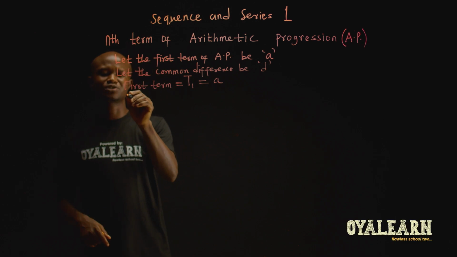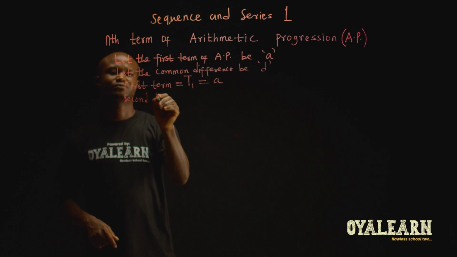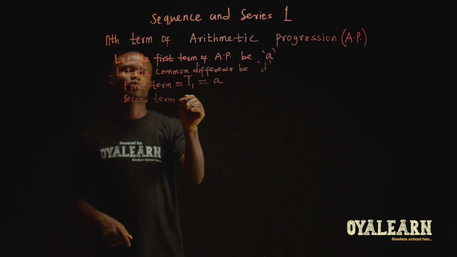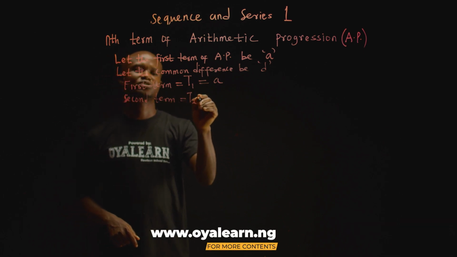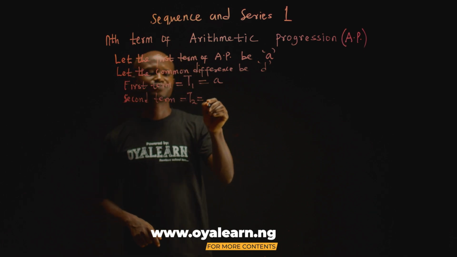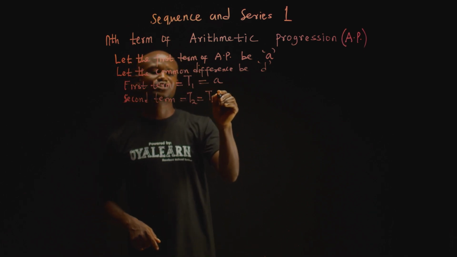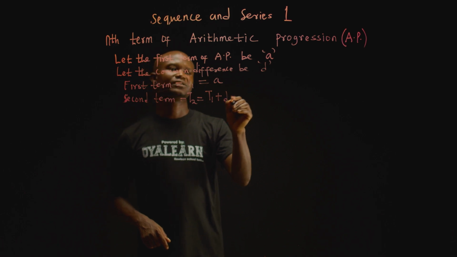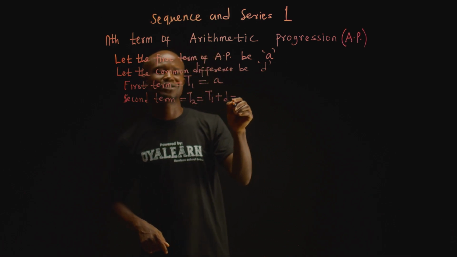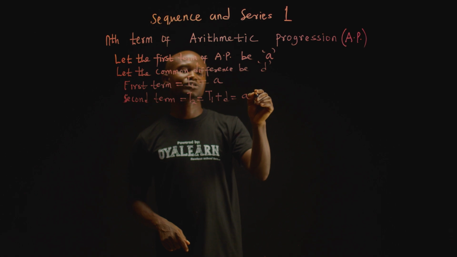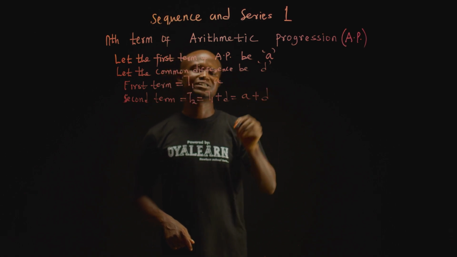So the second term, T2, is going to be T1 plus D. What is T1? That is A. So this is A plus D.